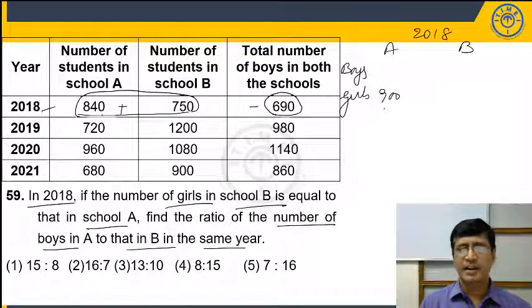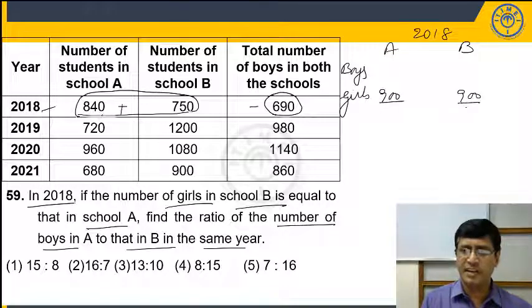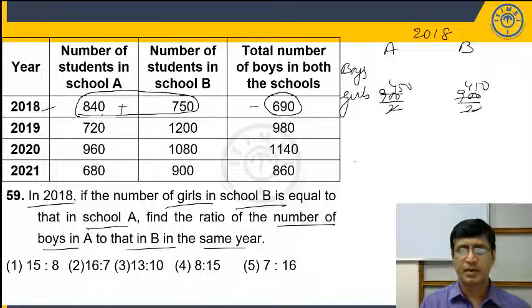Okay, 900 girls, and in B an equal number of girls are there, means 900 by 2. What does it mean? 450 girls in A and B. 450 girls. But what is asked here? Find the ratio of the number of boys in A and B. So how many boys are there?